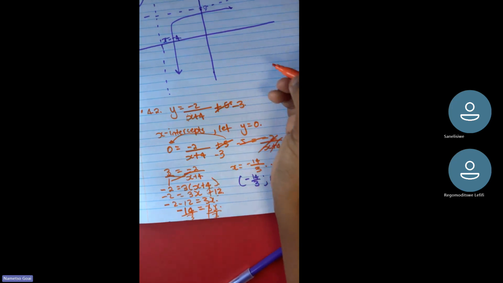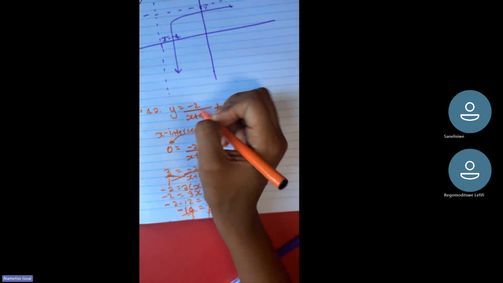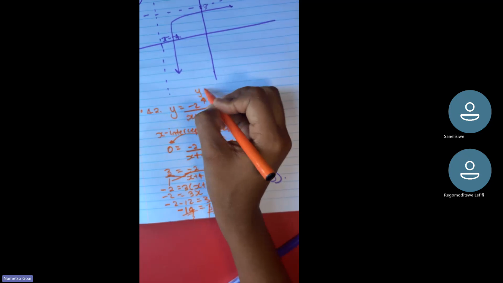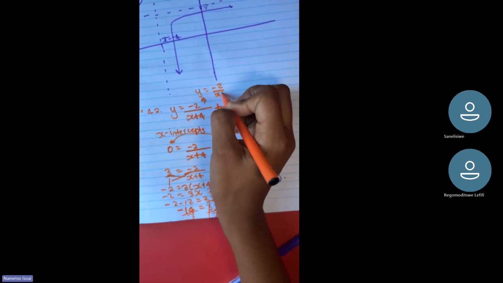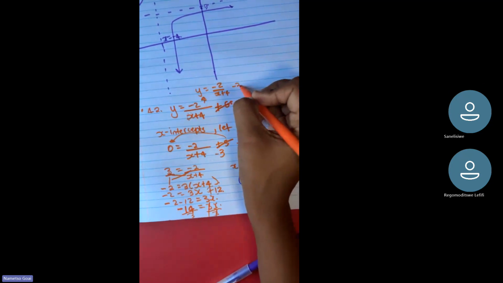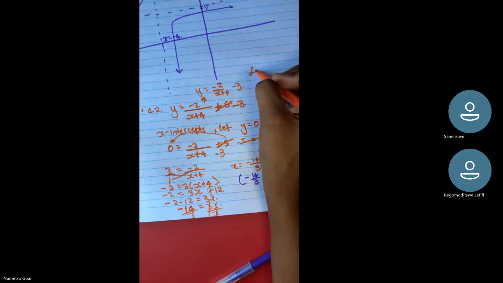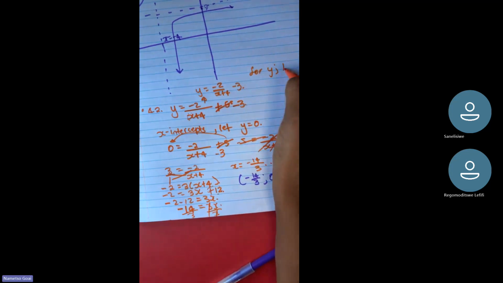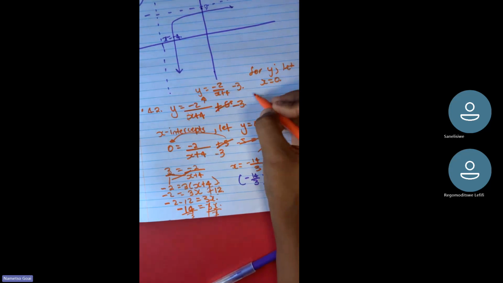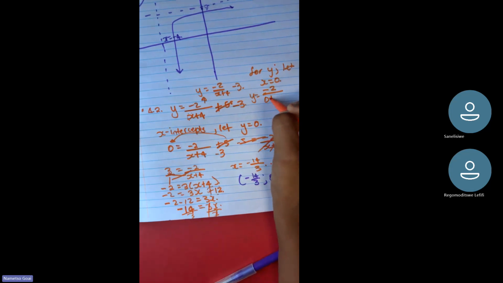We know that the function is y equals negative 2 all over x plus 4, minus 3. For y, let x equal 0. So you're going to have y equals negative 2 divided by 0 plus 4, minus 3.